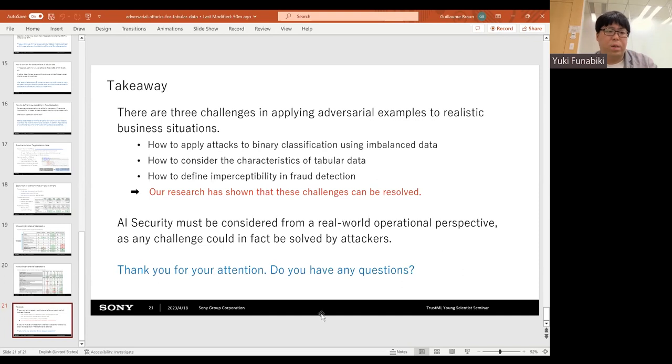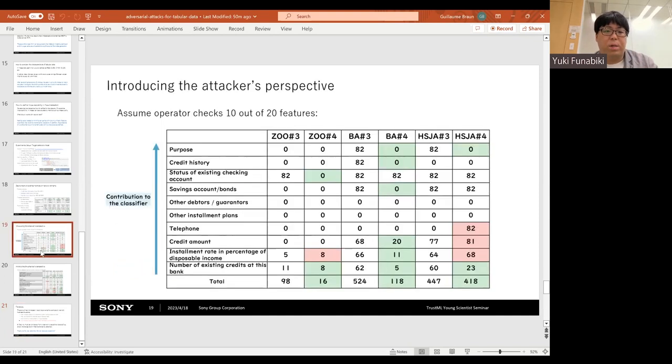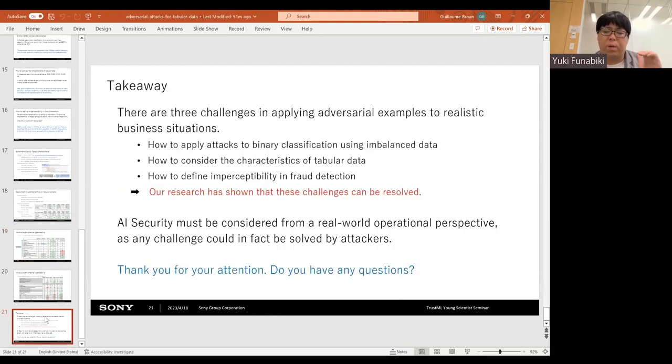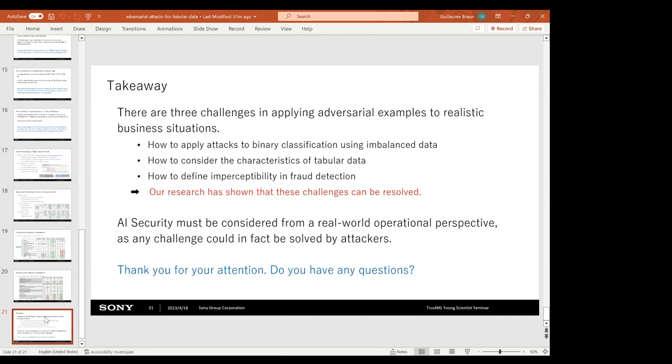For example, in our experiments, the purpose or credit history is very important data. So if we mask the tabular data arbitrarily, the masking could greatly affect the output of the model, and its performance would be ignored.